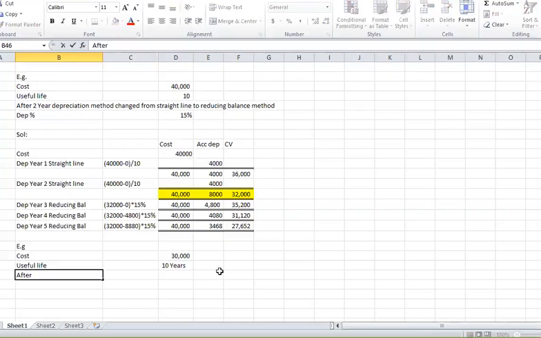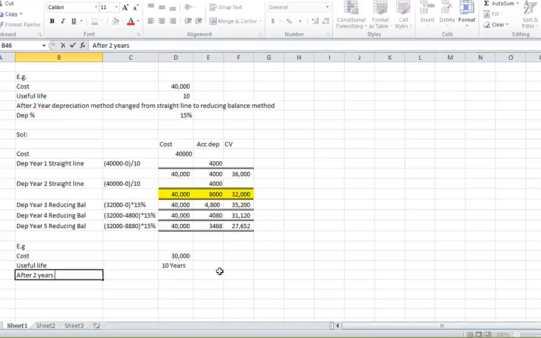After 2 years, there is change in estimate. So after 2 years, logically, if total life is 10 years, its remaining life should be 8 years.